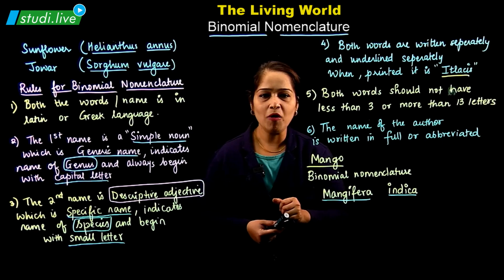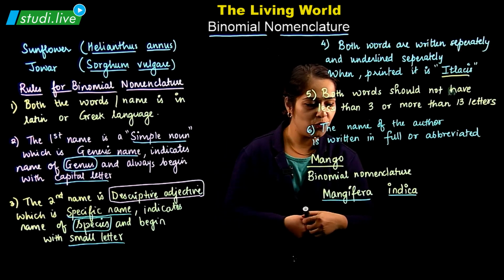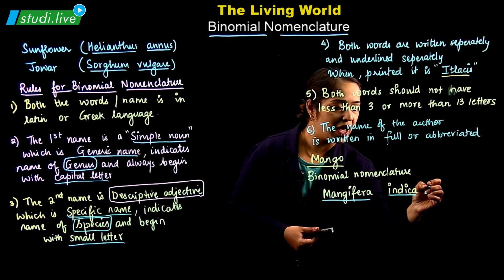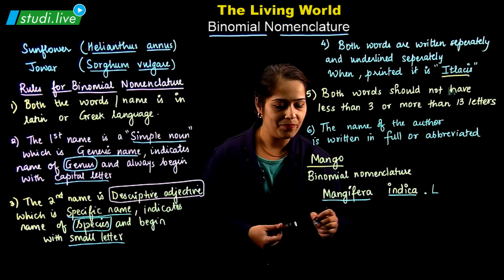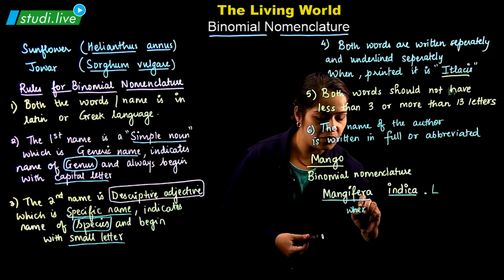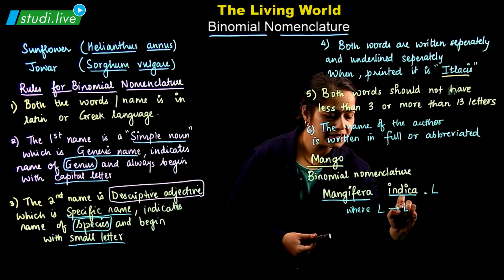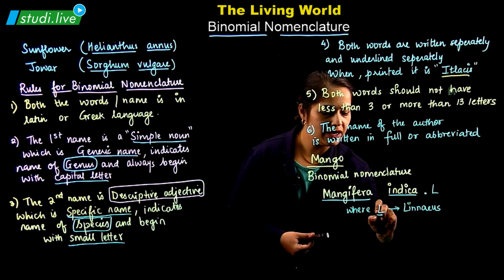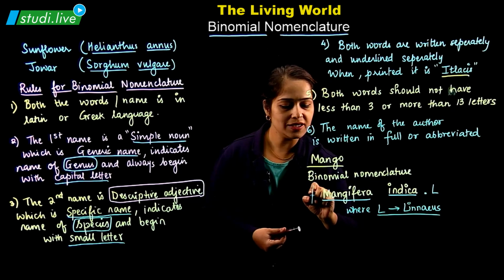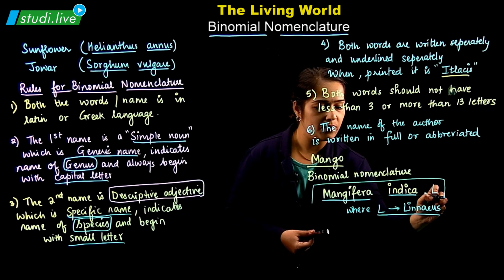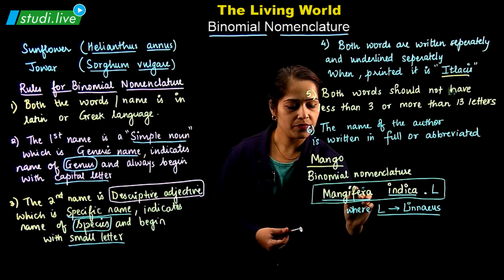The name of the author is either written in full or abbreviated. So we have a dot over here and L, where L stands for Linnaeus, Carl Linnaeus, who gave the name. So this is the binomial nomenclature for mango.